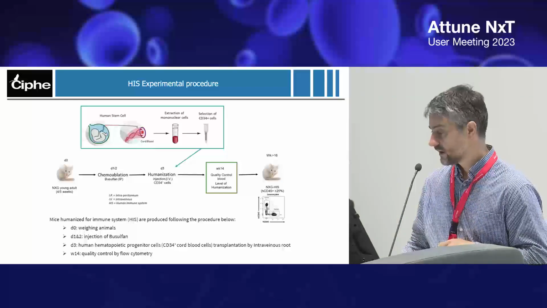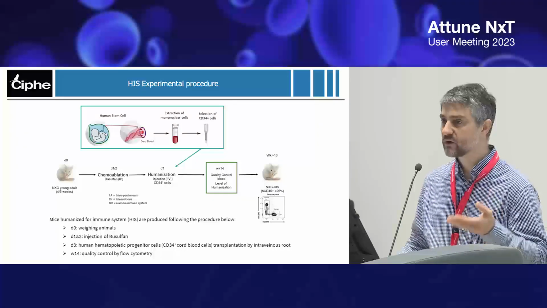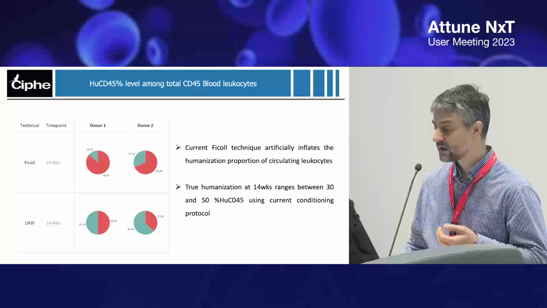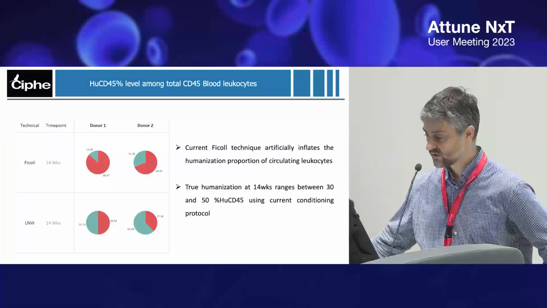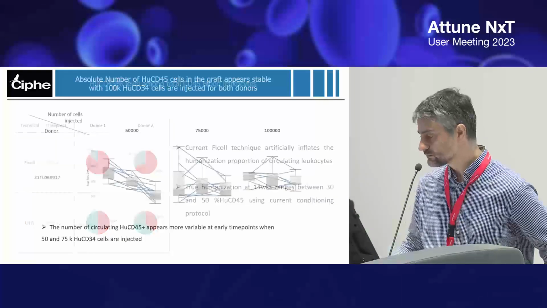Besides that, people were not counting. They just provide a percentage of human cells, which could mean nothing, could be completely wrong. So here is just the bias of human CD45 in the Ficoll over our approach.